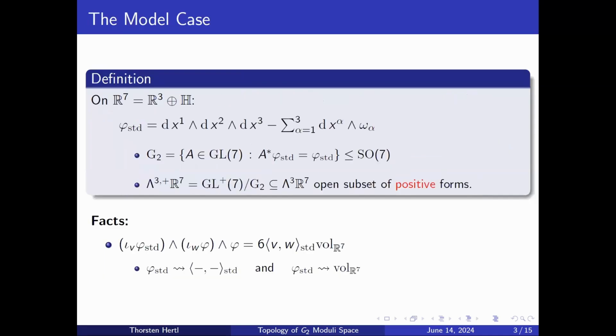So let me remind you what this mystical three-form is. There are a lot of conventions flying around in the literature that are all slightly different, and in this talk I choose the following one. The model case for this G2 structure is the three-form on R7, and I interpret R7 as a copy of R3, which I think of as the imaginary quaternions, and a copy of the quaternions.